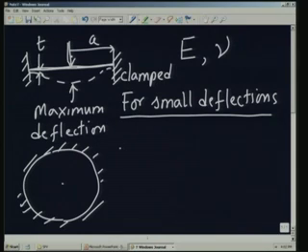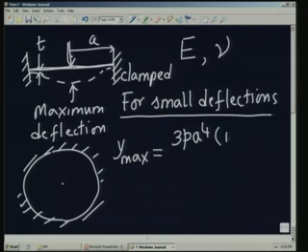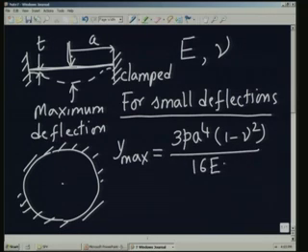So, Y max is given by 3 p a to the power of 4 multiplied by 1 minus nu squared divided by 16 E t cube.